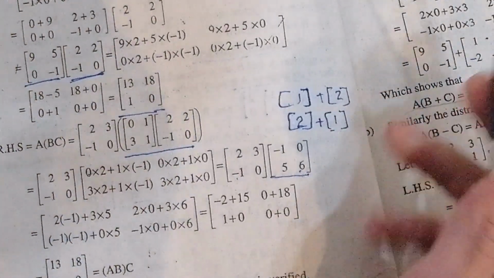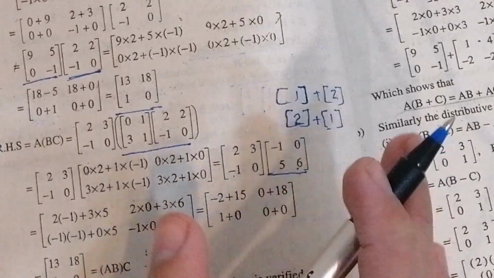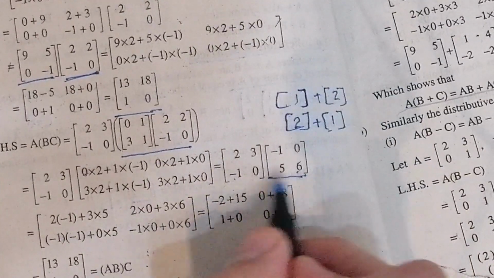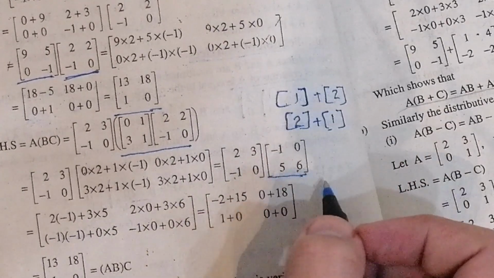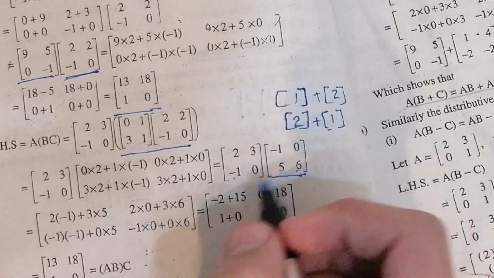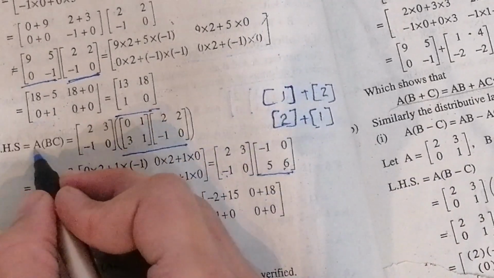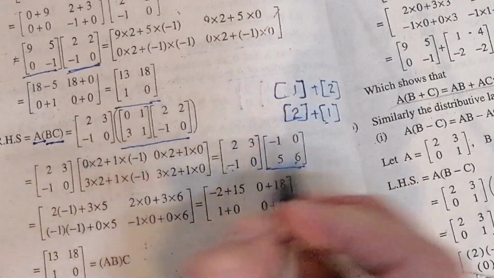But in multiplication, the answer changes if you change the position. Means if I write this matrix here and this matrix here, the answer will not come same. The answer will be changed. So first write matrix A as in formula, then write matrix BC.